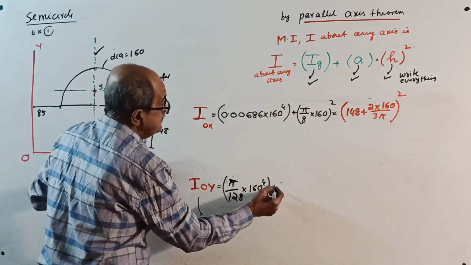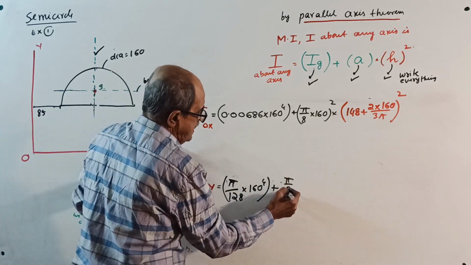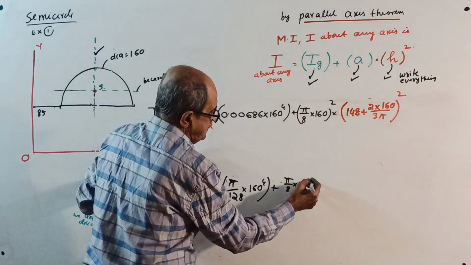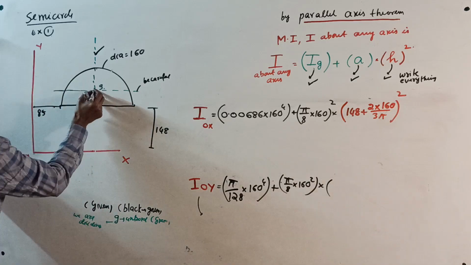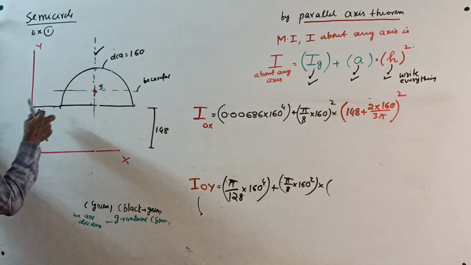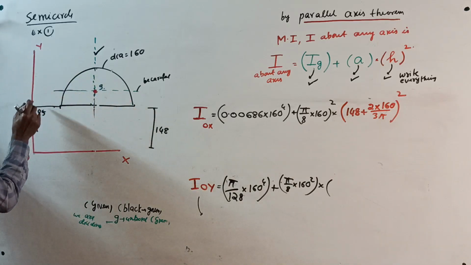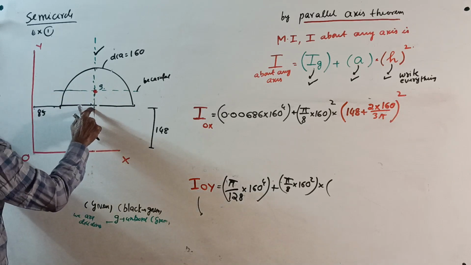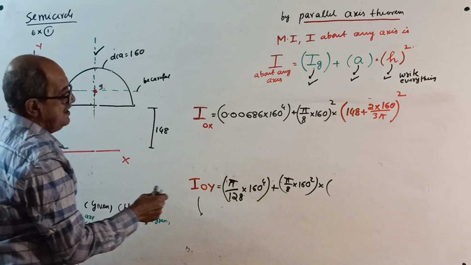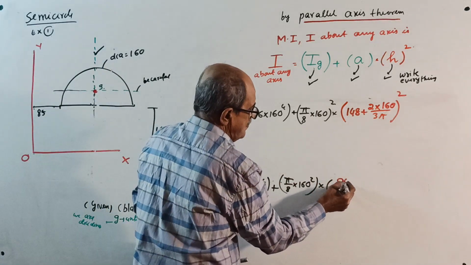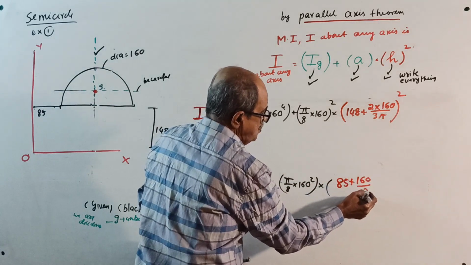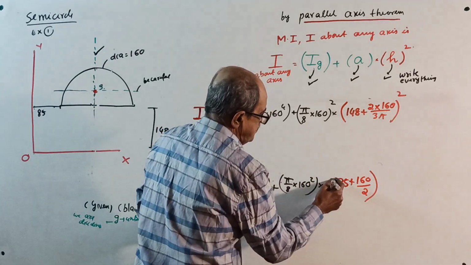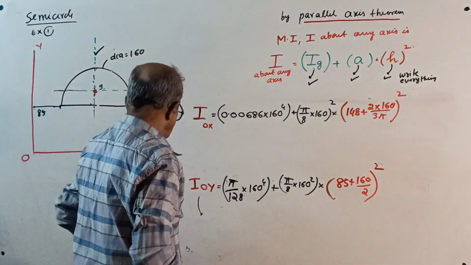Ig plus area, pi by 8 of 160 square is the area, into, from the centroid here to the OY axis, this distance square is 85 plus this distance is half of diameter. 85 plus, diameter is 160, 160 by 2, whole square. You get I about OY.